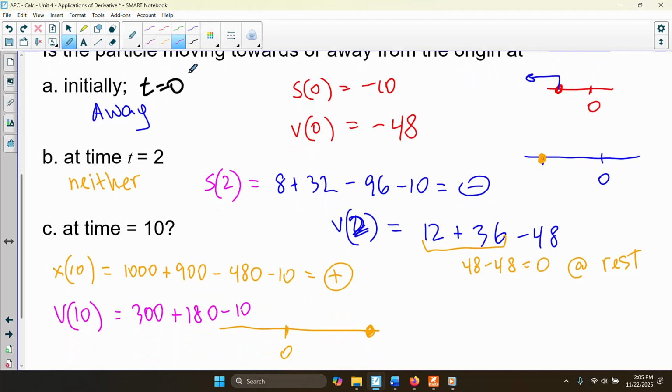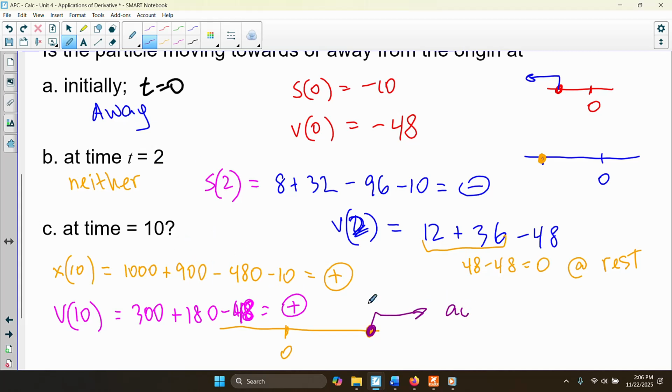Sorry, minus 48. I wish I was writing a little smaller to fit in there. So this is 48. But the point is, it's clearly going to be a positive value. So you're on this side, right there, and you have a positive velocity.